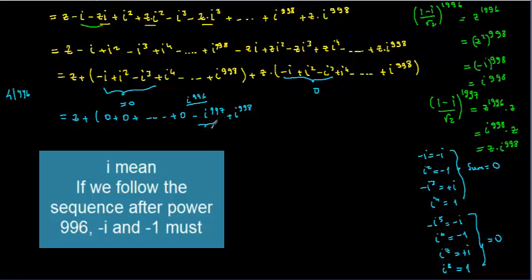This is like minus I to the power of 5, which is equal to minus I, and I to the power of 998 is like I to the power of 6, and it's equal to minus 1.